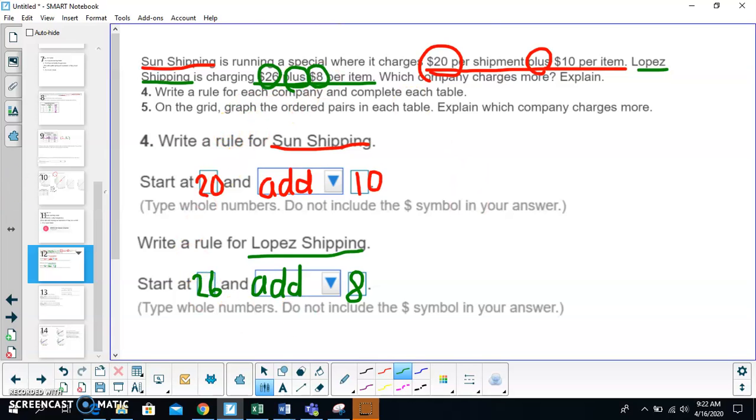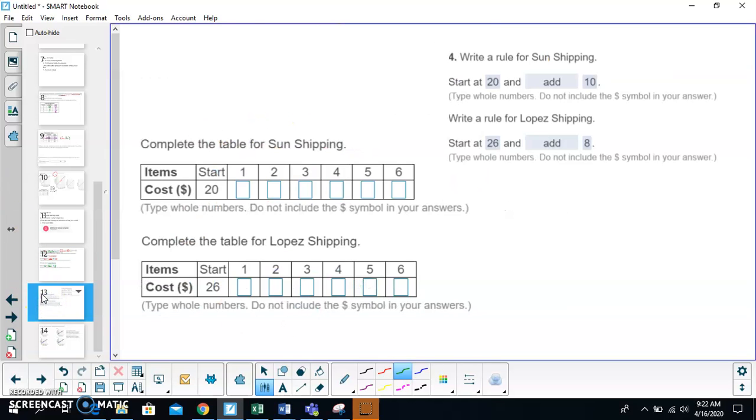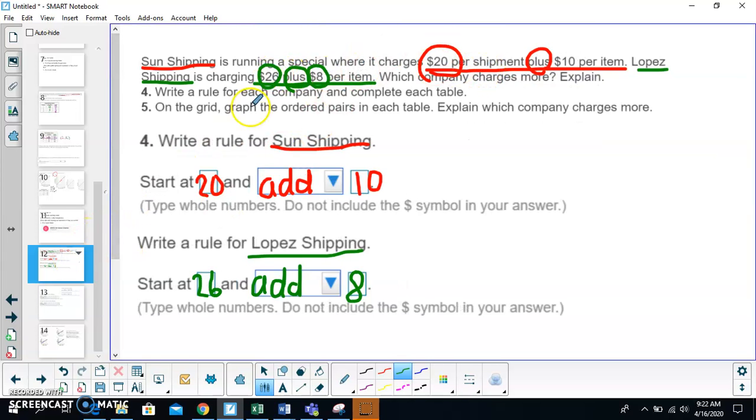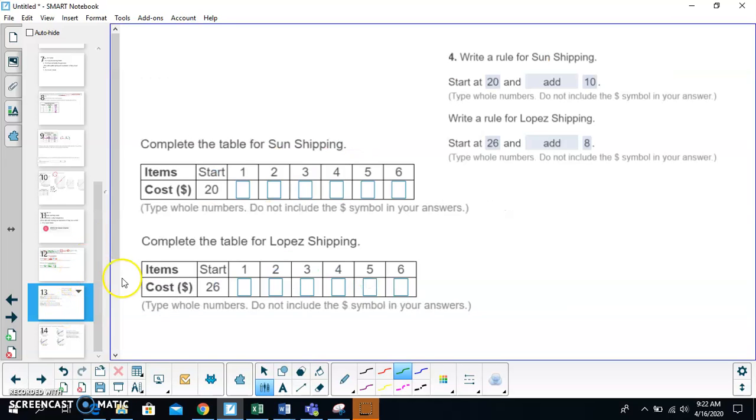Okay, we're going to keep this in mind as we go down and we have to fill out these tables. So I made sure to put it in the corner here so that we can use the information that we just found about Sun Shipping and Lopez Shipping to fill out our table. So Sun Shipping, our rule was that we need to add 10.